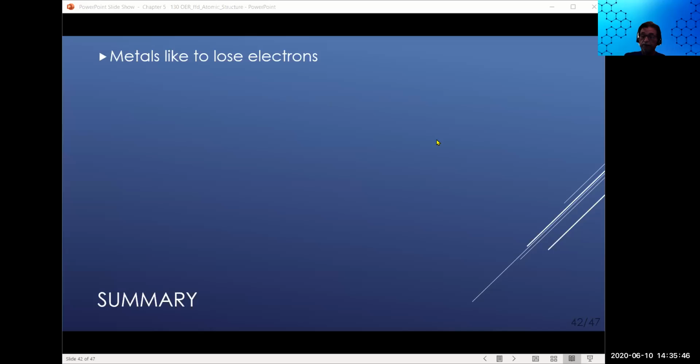Metals, as I stated, remember that periodic table slide that demonstrated who the metals are. All metals want to lose electrons. All nonmetals want to gain electrons. The negative charges are called anions, and the positive charges are called cations. So we have anions and cations.